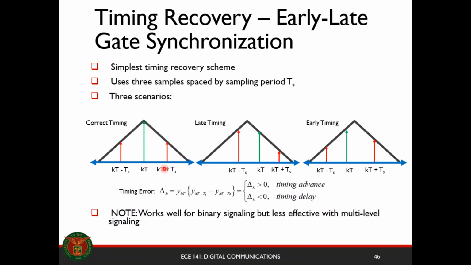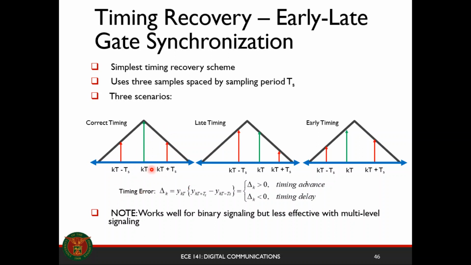The correct timing is when your eye is balanced. What does that mean? The timing error is 0 if the 2 samples on either side of your middle sample are approximately equal.